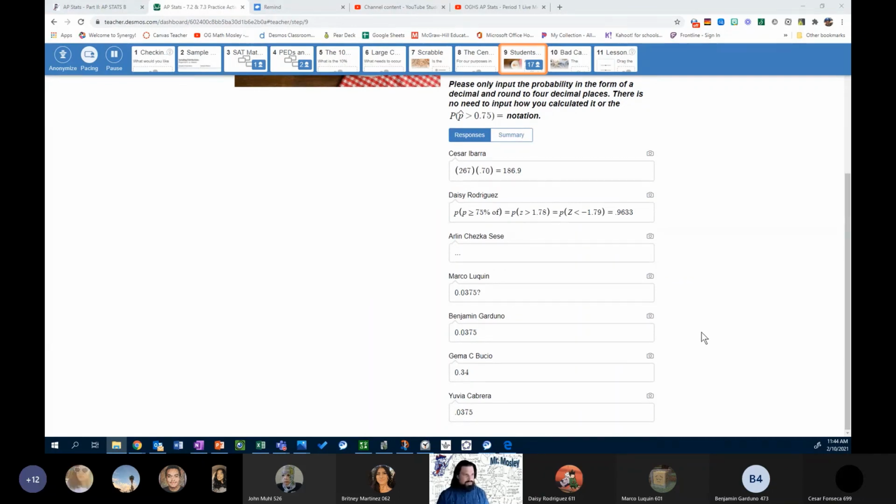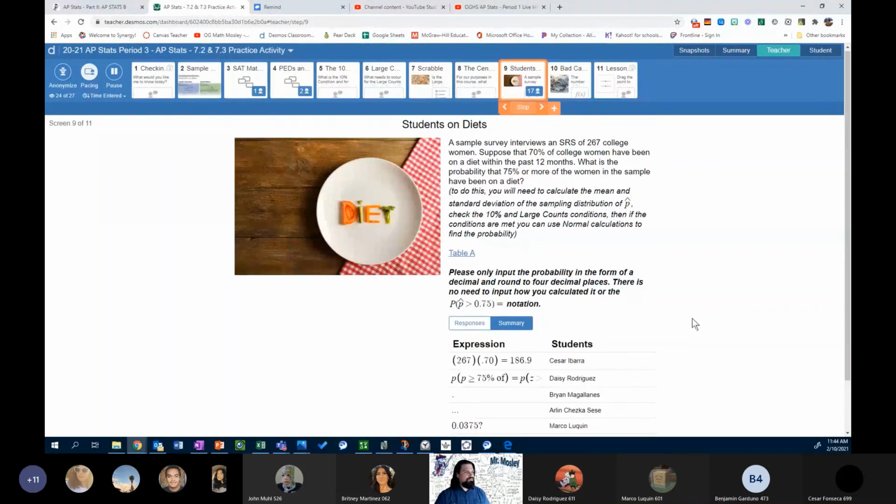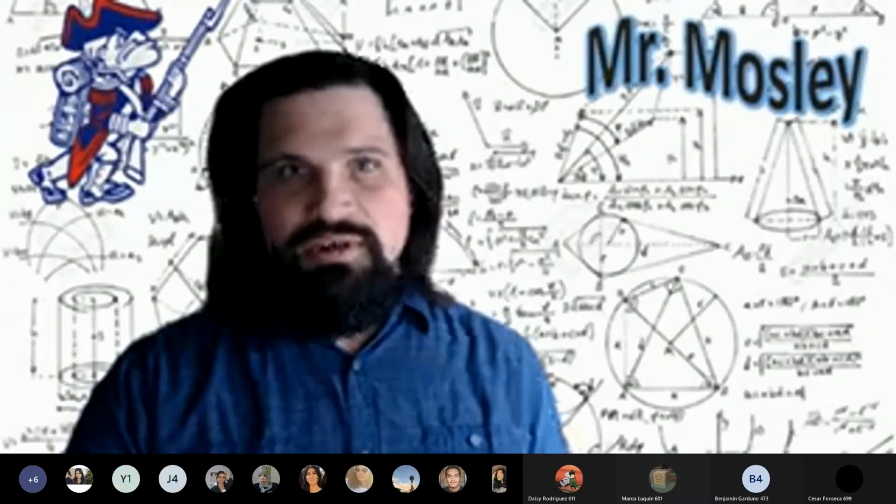And if you were off by some decimal places, or if I was, hopefully I wasn't, that's okay if it's a little bit off based on rounding errors. Is there anything else I can clarify?